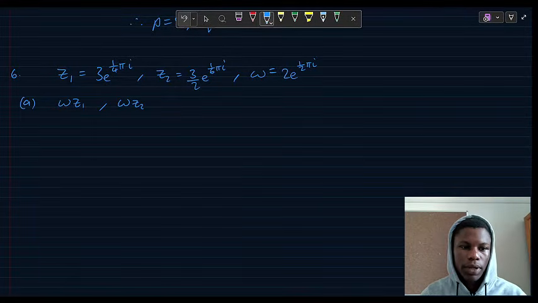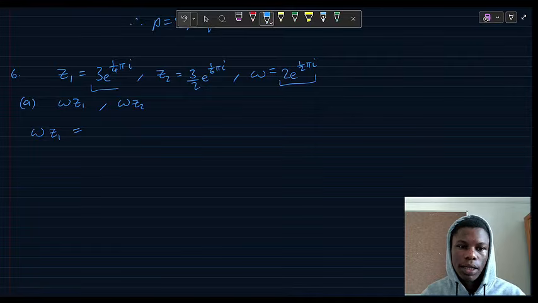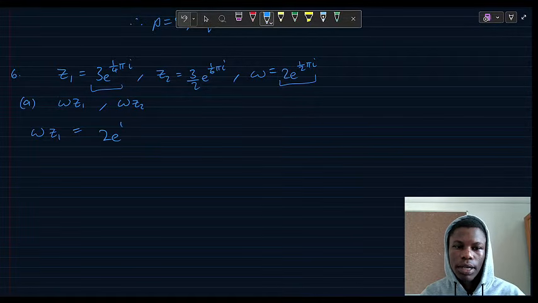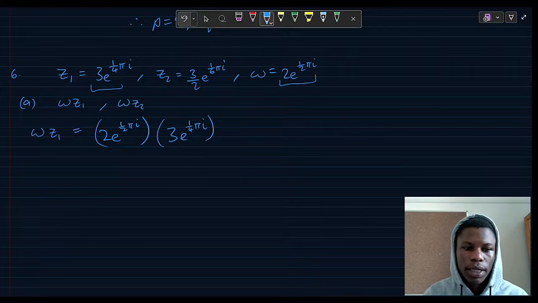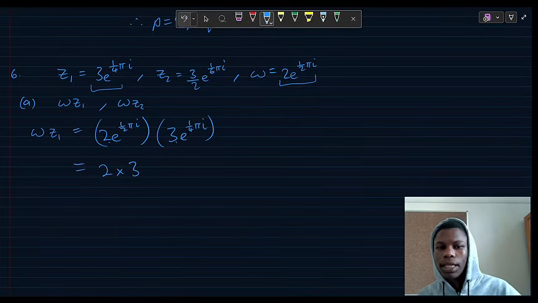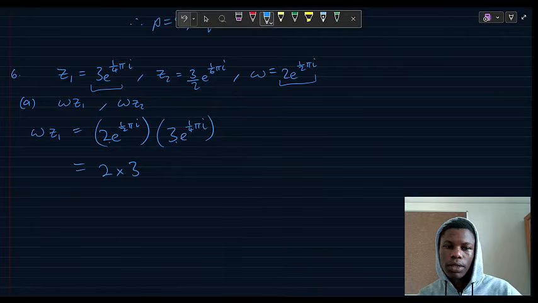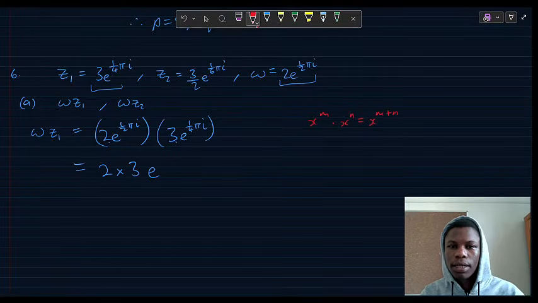All right, so let's do that. Omega z1. So they're asking us to multiply this with this. So that's 2e to the half pi i, and that's multiplying the 3e to the a quarter pi i. So what you do is you just multiply the moduli. So you multiply the 2 and the 3, and then using your laws of indices, you know that this becomes e to the, you have to add your powers, because remember, x to the m multiplied by x to the n has to become x to the m plus n.